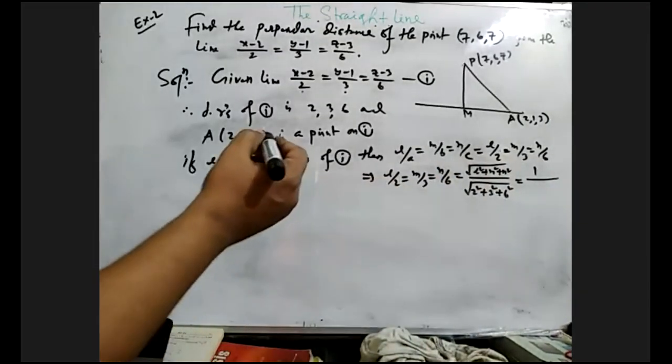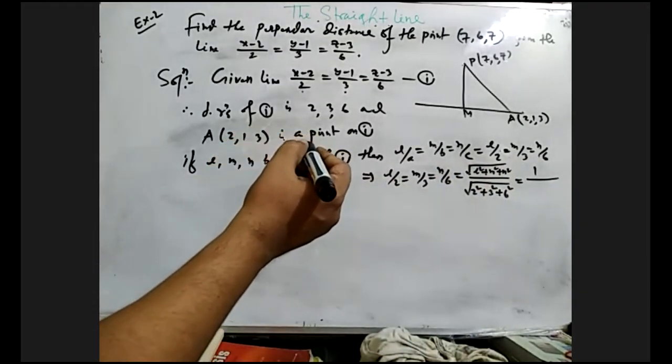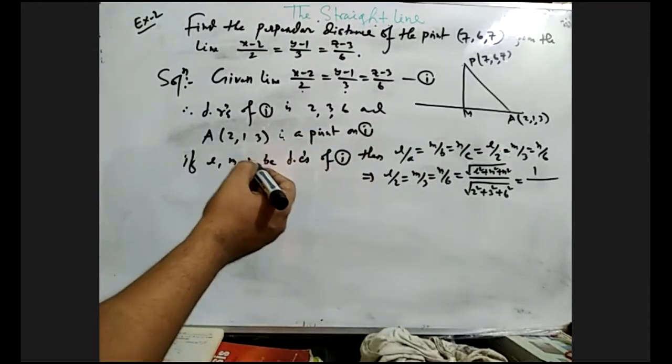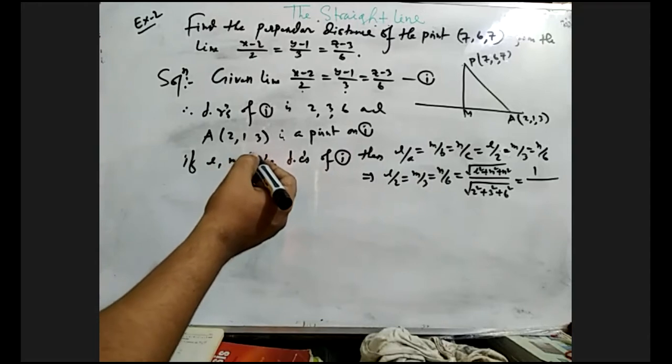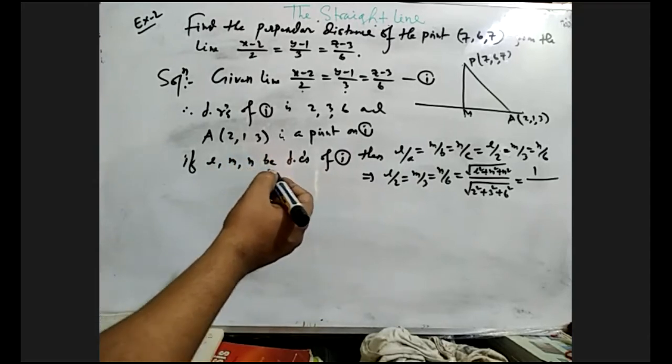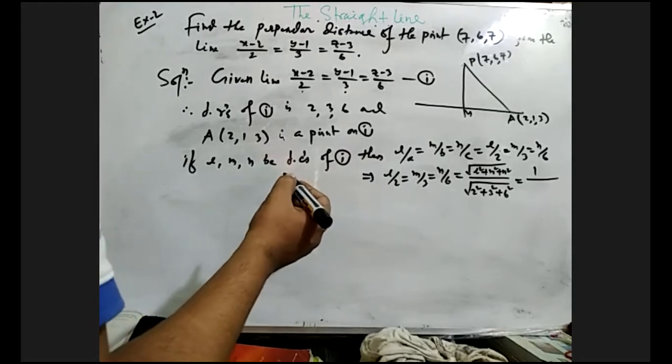In direction ratios and direction cosines with rectangular coordinates, we have proved that the sum of squares of all 3 direction cosines is 1. So we get 49, and that means we get 1 by 7.